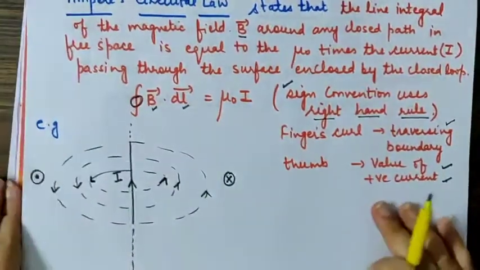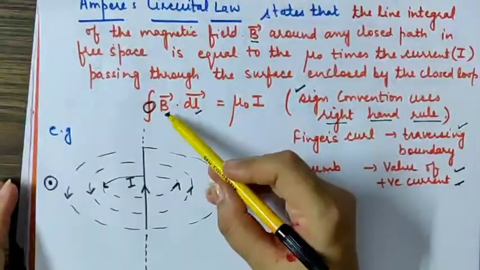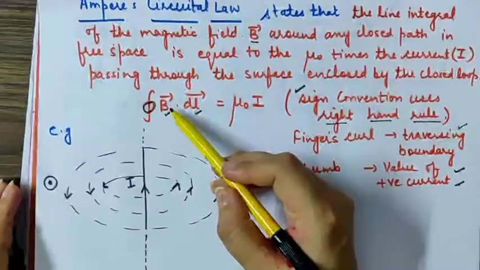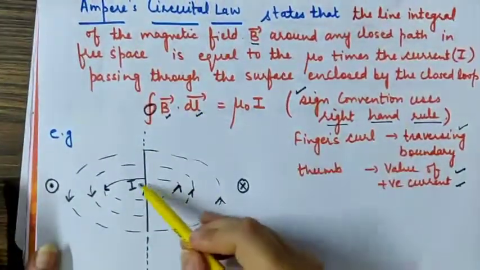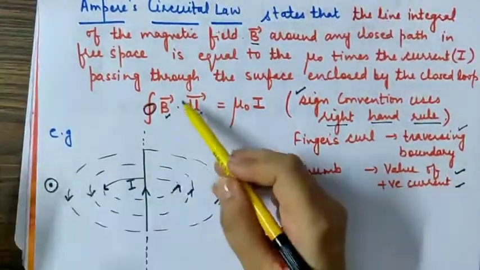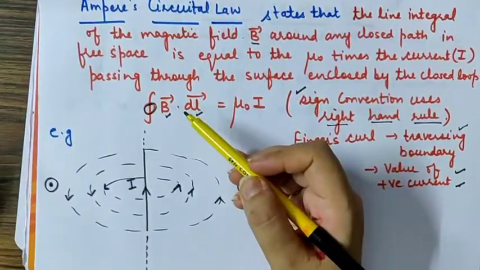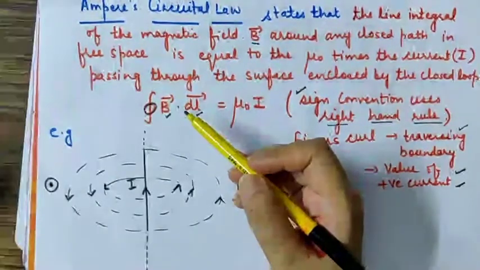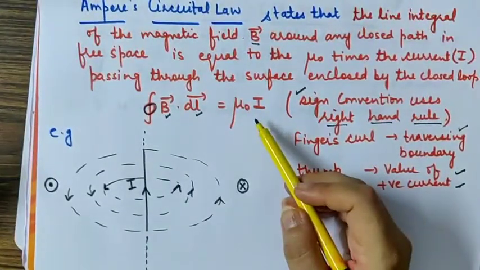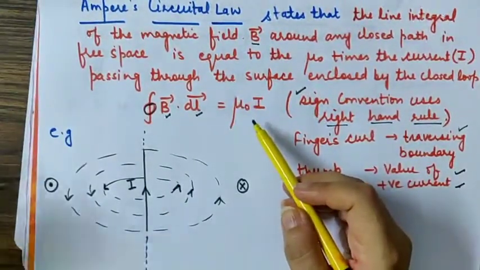Now discussing the topic further, if we are taking B dot dl, that means we are taking the product of magnetic field with the closed loop. If this is a circle, then dl will integrate to 2 pi r, meaning the circumference of the circle. They are saying it is directly proportional to current. So what do we mean by this?